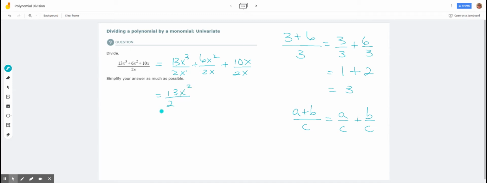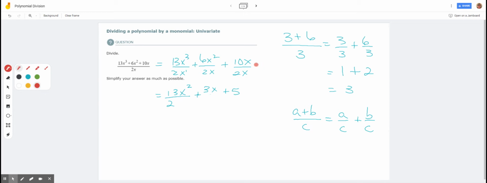We're left with x squared. 6 divided by 2 is 3. You don't need to put the 1 on the bottom. And look, 2 goes into 6 3 times. x goes into x squared x times. We don't even need this line here, because we got rid of the whole denominator. And here, 2 goes into 10 5 times. x goes into x.